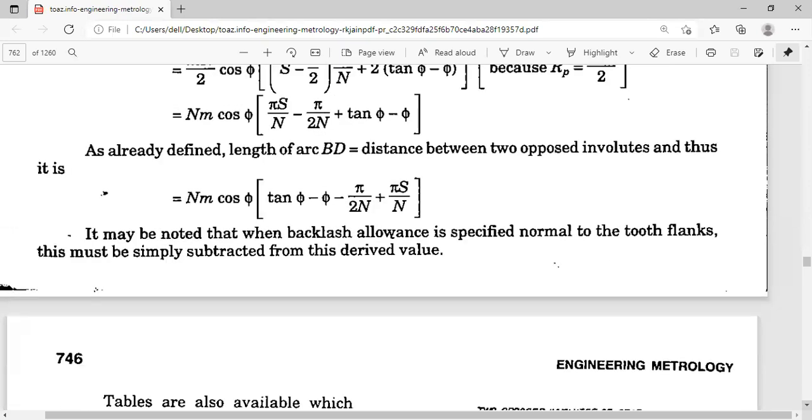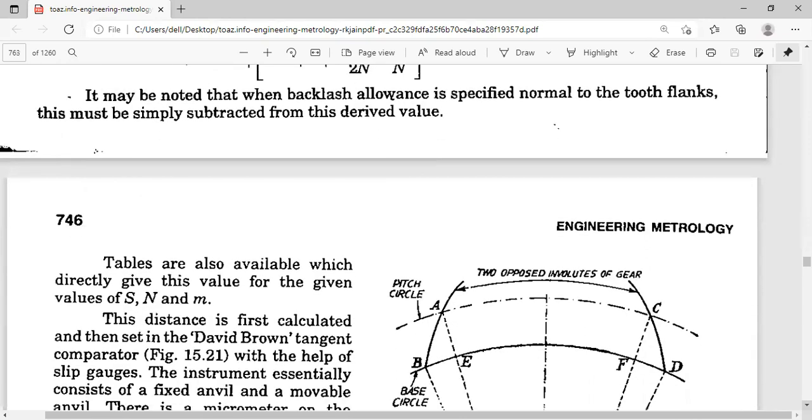So whenever you are taking that backlash allowance, it's specified normal to the tooth length. So you have to simply subtract that from this derived value, so you will get the actual value. Tables are also available, like design data books. They give the value directly for the given values of S. What is S? Already we have seen.